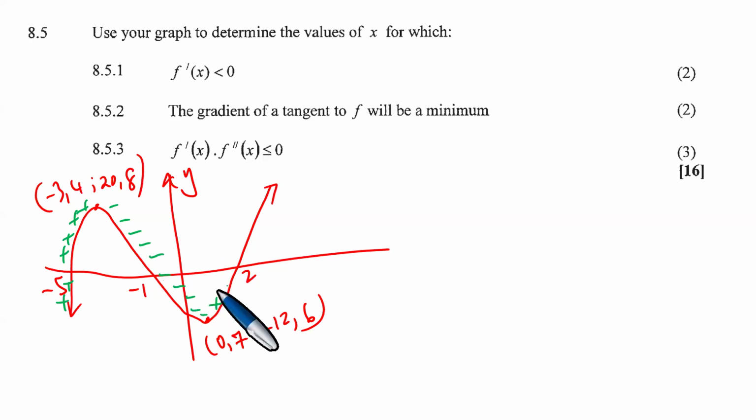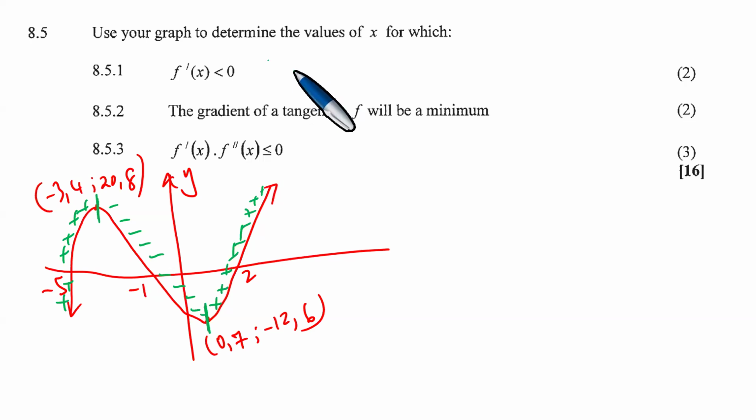The gradient is positive here. So use your graph to determine the values of x for which the gradient is negative. The gradient is surely negative between what values of x?